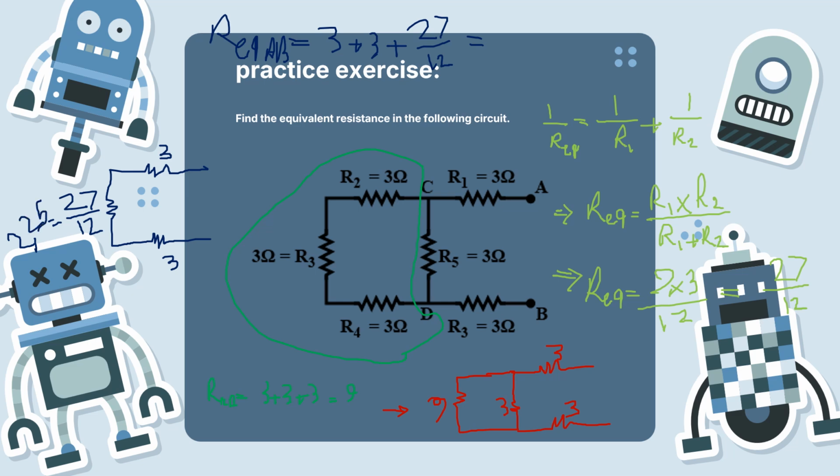So 6 plus 2.25, 8.25 ohm. So if we put, for example, a multimeter, the device with which we can measure the resistance, one connector here and another here, we can see 8.25 ohms on the screen. So we calculated it.